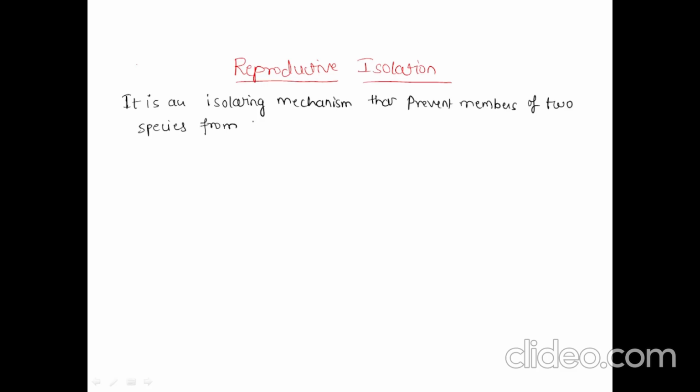It is an isolating mechanism that prevents members of two species from interbreeding and producing viable, fertile offsprings.